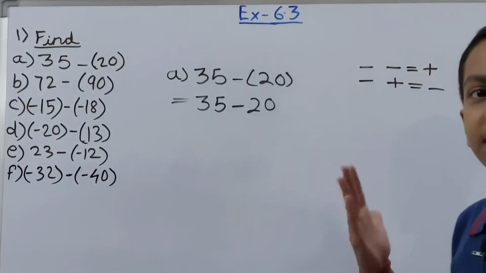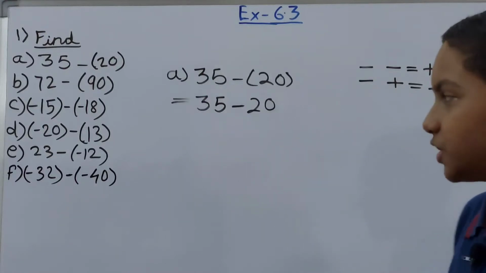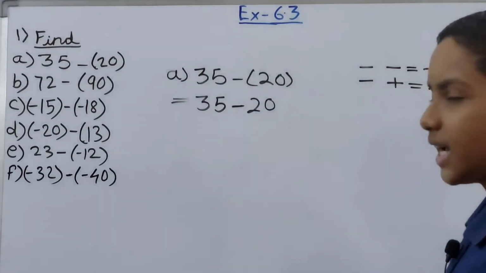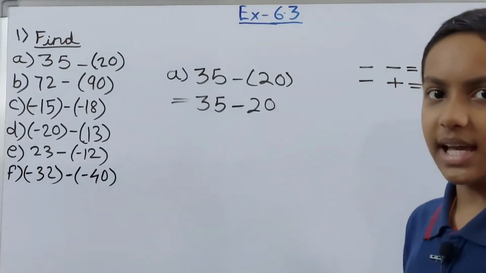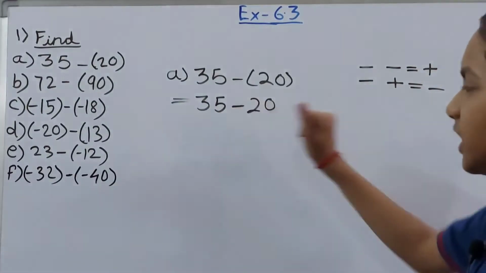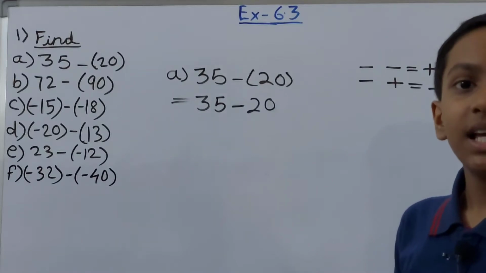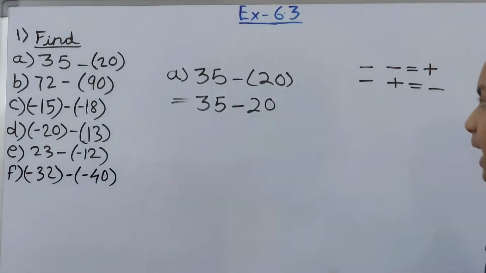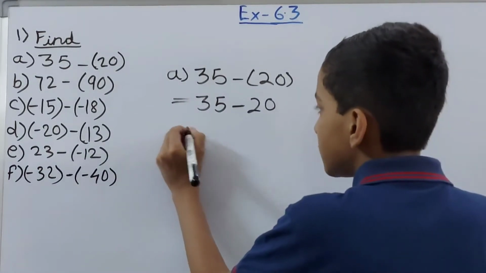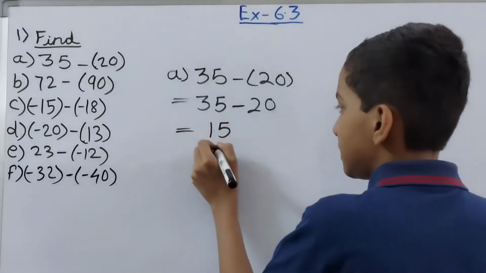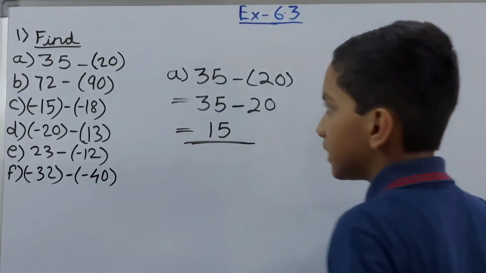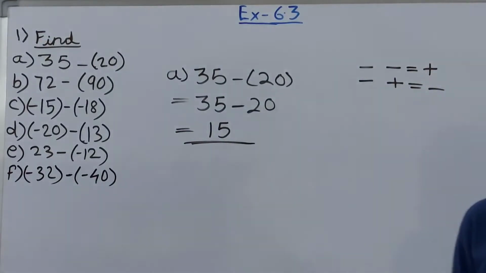So they have different signs. So according to the addition rule, we will find their difference and put the sign of the greater number. So 35 minus 20 is 15, of course, and 35 is greater. So simply we will write 15. That means 15 becomes the answer of the A part.